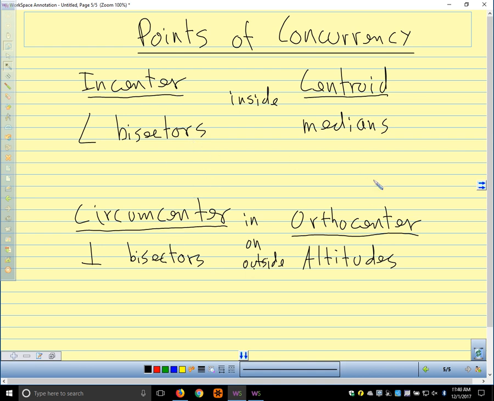I always just remember, with the incenter and the circumcenter, which ones are the same distance from the sides or the vertices, and the centroids show up in other contexts, so I remember that. So you can come up with some way to remember how all of these things work.